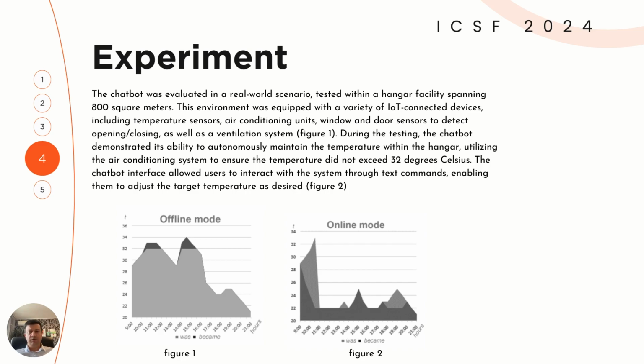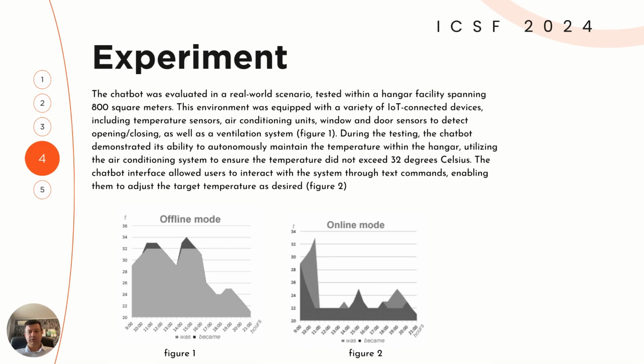During the test, the chatbot demonstrated its ability to autonomously maintain the temperature within the hangar, utilizing the air conditioning system to ensure the temperature did not exceed 32 degrees Celsius.